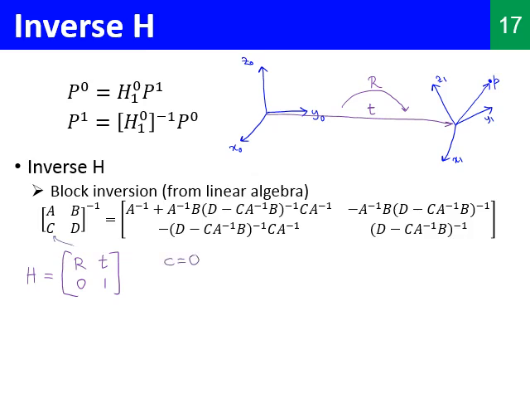And D equals 1, right? This one over here. Using these two facts, we can simplify this expression a little bit. So we get H inverse to be, can you take some time to find this?